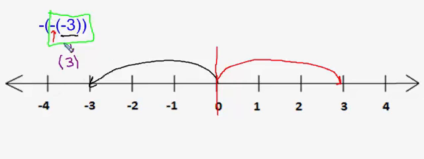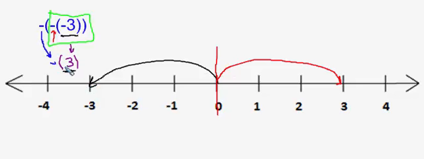But there was more to the problem. If all of this that I've circled in green comes out to be +3, don't forget we still have this symbol, meaning we still want the opposite of that. So we are sitting over here at +3, and now we need the opposite of that, and the opposite of 3 units to the right of 0 would be 3 units to the left of 0, taking us back to -3.